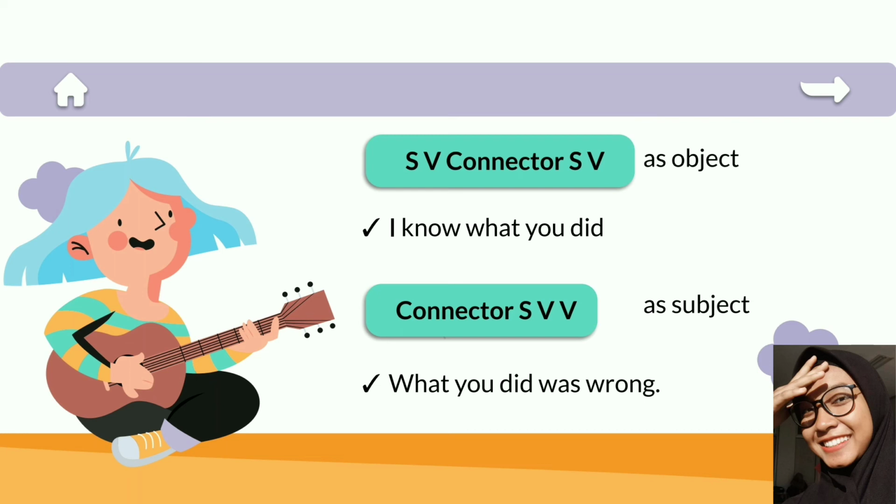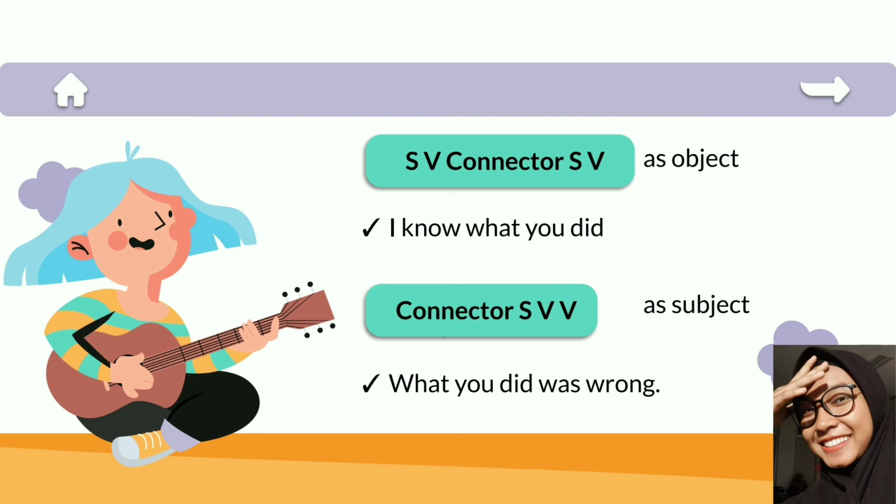These act as the object of a verb, or maybe the object of a preposition. For example, this is a simple example. I know what you did. I is the subject, know is the verb, what is the connector, you is the subject, did is the verb. So here, what you did is the noun clause.